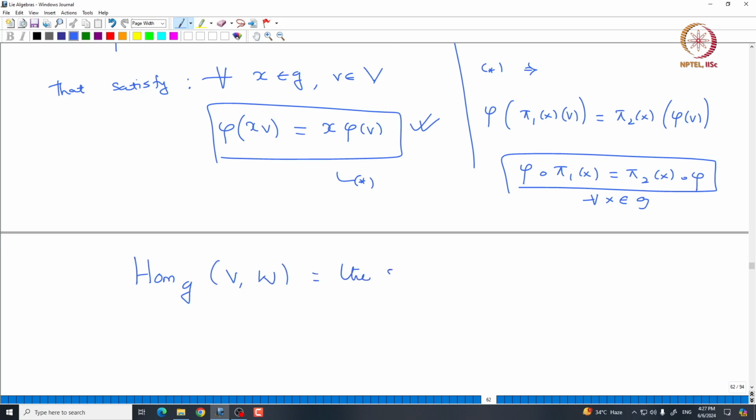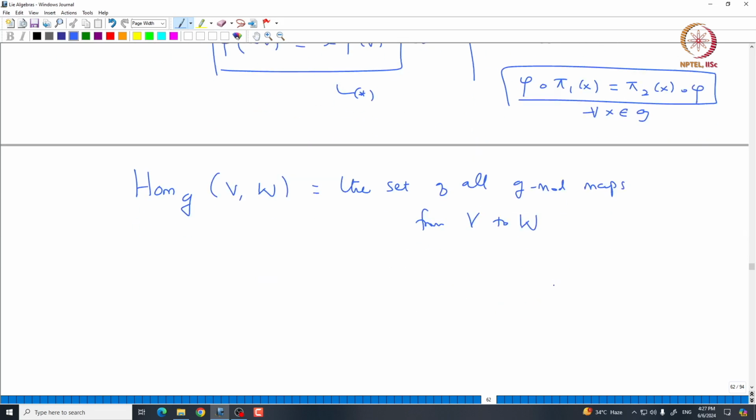So, this is the set of all G module maps from V to W. When we take V equal to W, that means we are considering all the endomorphisms of V which are G module maps, denoted by End_G(V). So, this is exactly the same as Hom_G(V, V). When V equals W, we use this new notation, End_G(V).